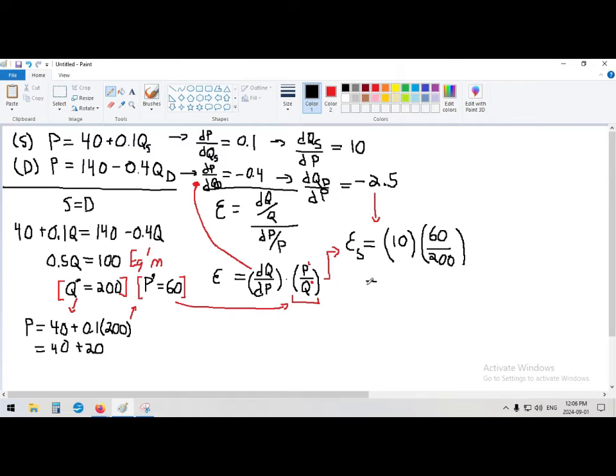For supply, we'll have 600 on the top, 200 on the bottom. That's going to be 3. The supply elasticity is always positive, so we compare it to 1. We can see that's greater than 1, so supply is going to be elastic.